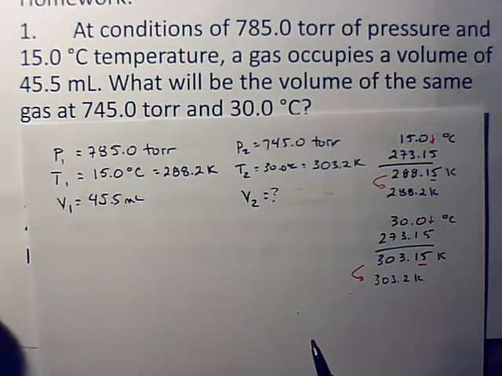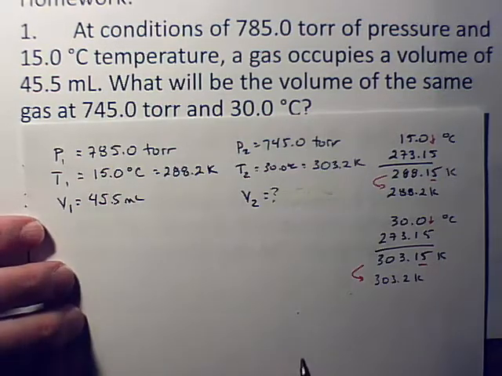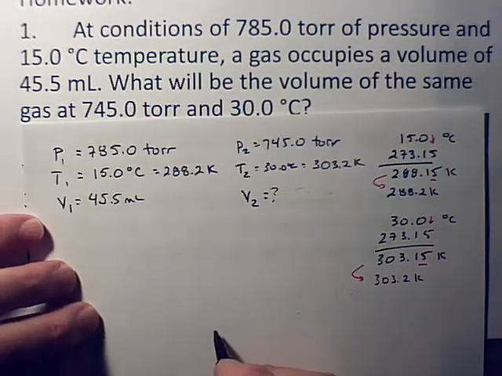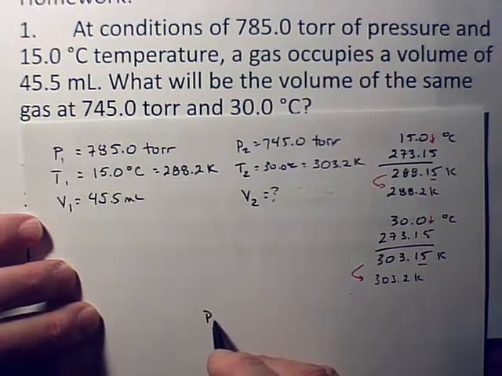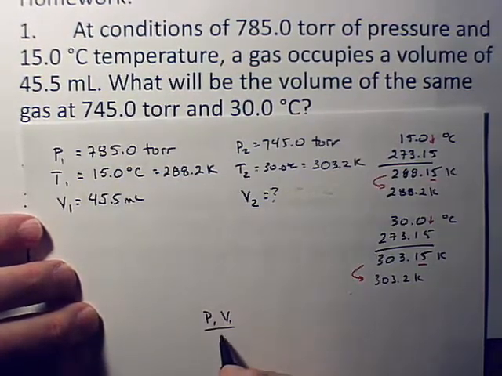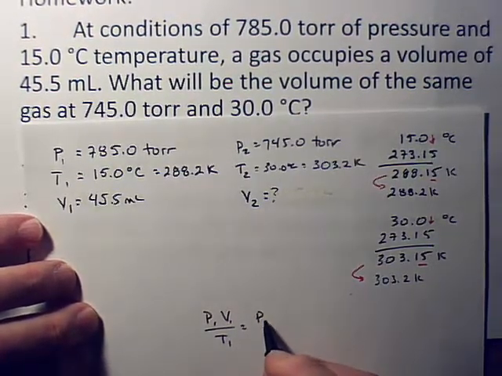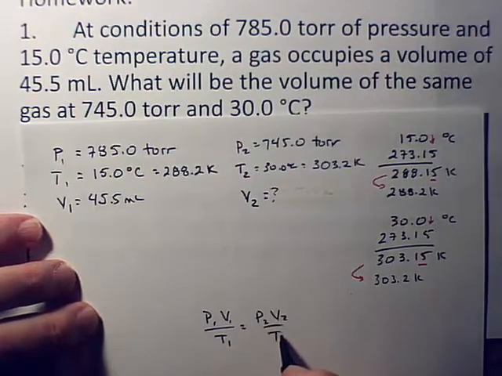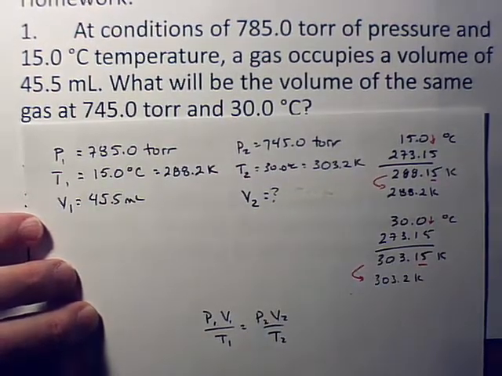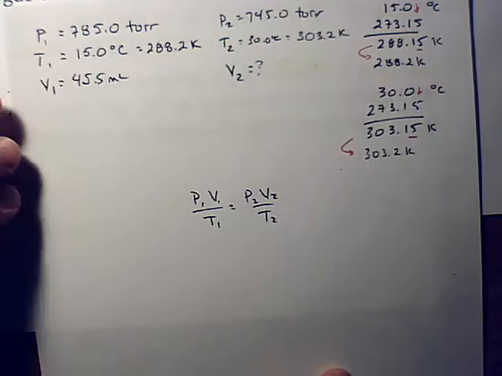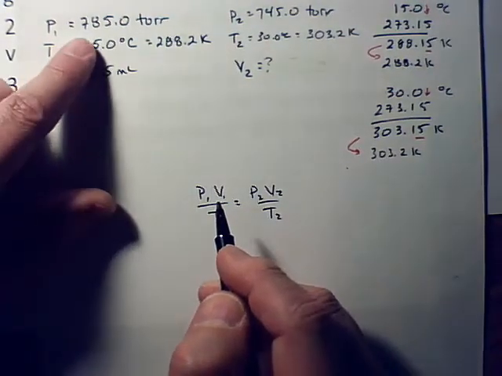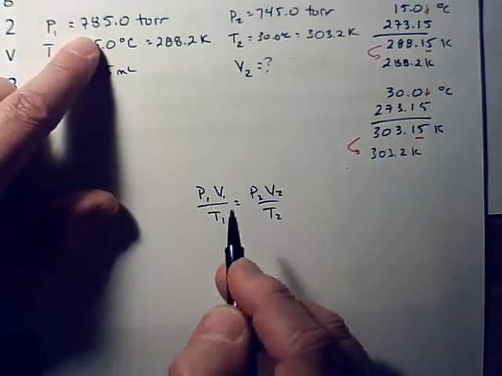Now if you look at your test references, you'll see that the combined gas law is listed there for you. Have y'all looked at that? Okay, so on your test references you've got P1 V1 over T1 equals P2 V2 over T2. So we just plug stuff in there. P1 is 785 torr.